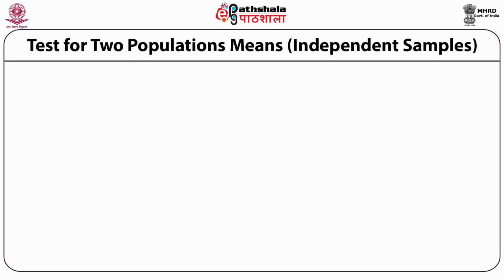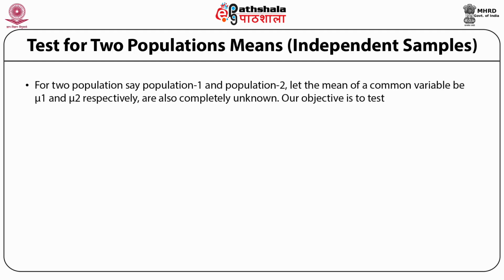We will test whether the means of the two populations, the two independent samples, are equal or not. So we say that it's a two population t-test. For the two populations, say population 1 and population 2, let the mean of a common variable be mu1 and mu2 of population 1 and population 2 respectively, and they are completely unknown.